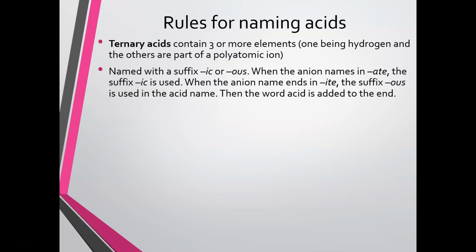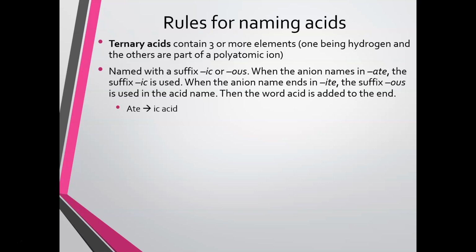When the anion ends in ite, sulfite, phosphite, carbonite, the suffix us is used in the acid name. So sulfite becomes sulfus, etc. But just like before, then we will add the word acid to the end. Note, we are not using the word hydro. Ternary acids do not use the word hydro.